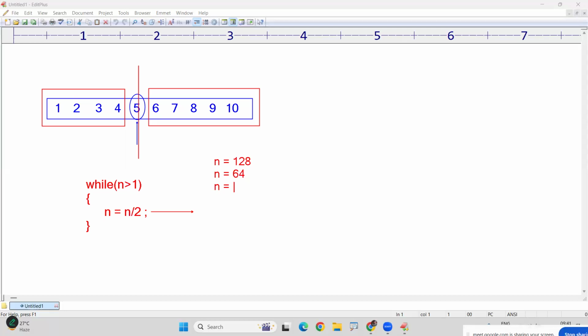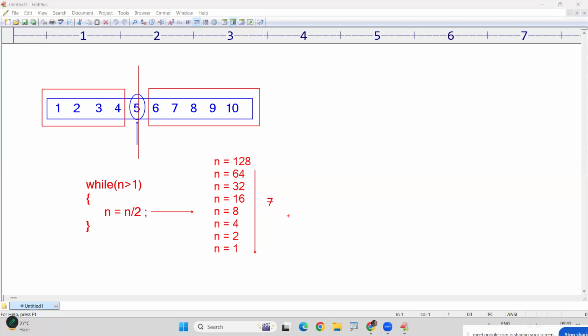Again make it half, 32. Half again, 16. Half again, 8. Half again, 4. Half again, 2. Half again, 1. So for how many iterations does it reach 1? Exactly 7 iterations.